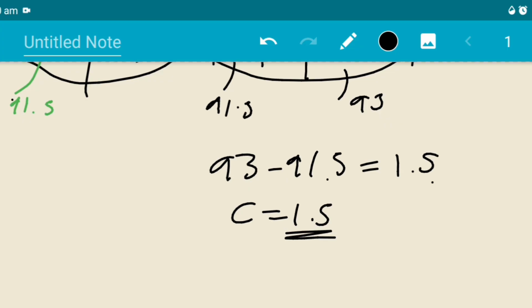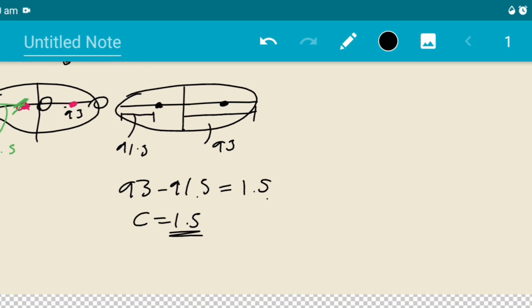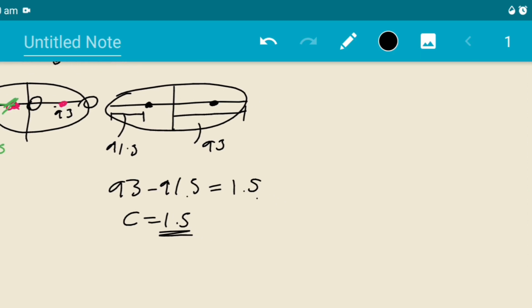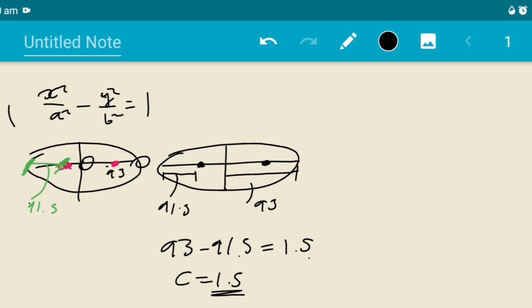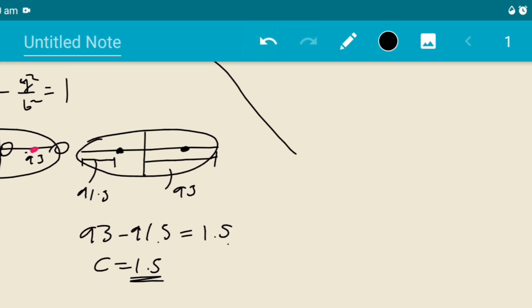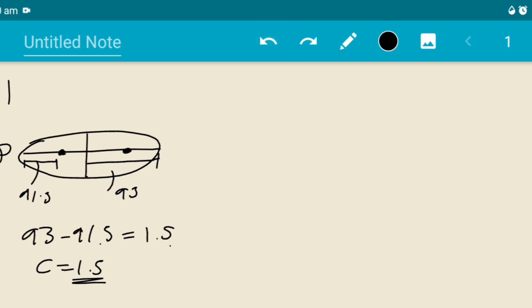Now, having found our C, we can try to find our A and our B, which we will then substitute in our equation, which is this one right here. So, we have our C. Then what is our A? Let's say A squared is equal to B squared plus C squared. We already know what our A is. It has been given.